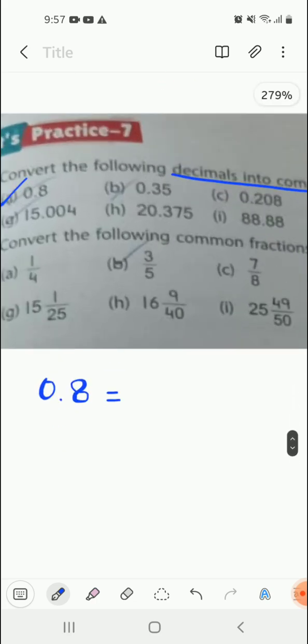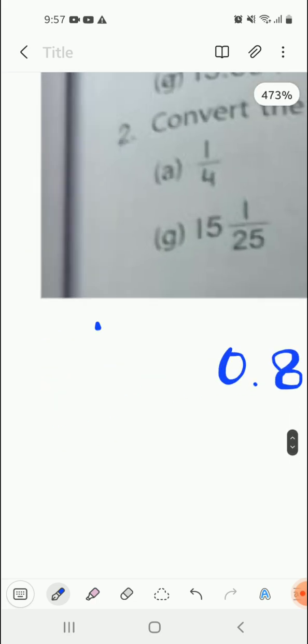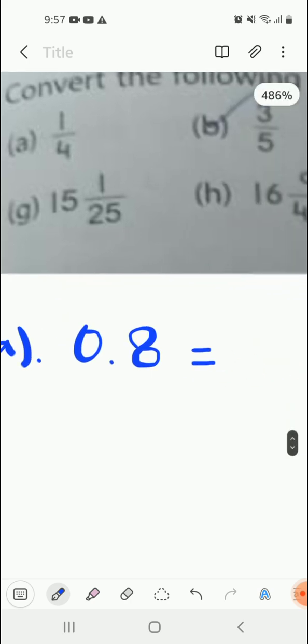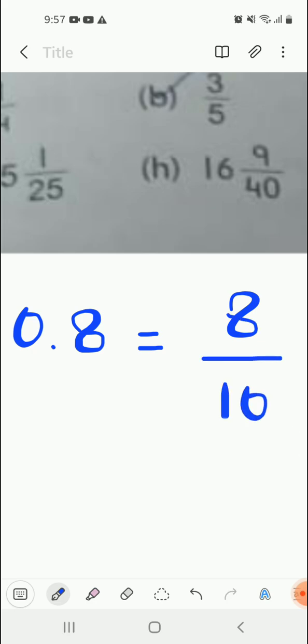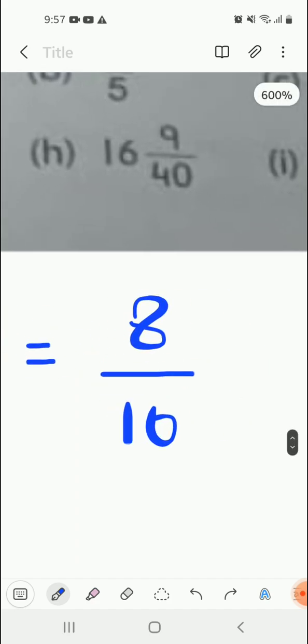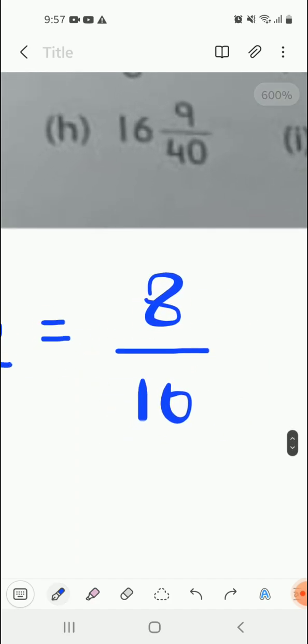So 0.8 will be written as 8 by 10, because there is only one decimal place, that is why there will be only one 0. Further it is going to be reduced by dividing both by 2.